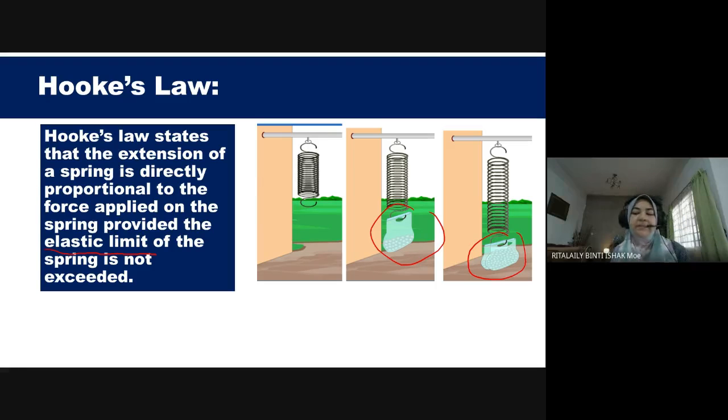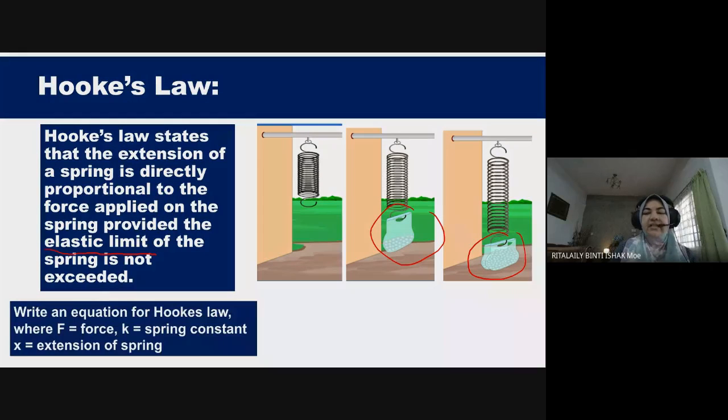That is Hooke's law. From the experiment of hanging weight onto a spring and relating the extension to the weight, we get a relationship between the force and the extension of the spring.